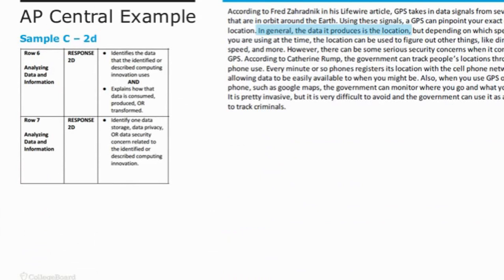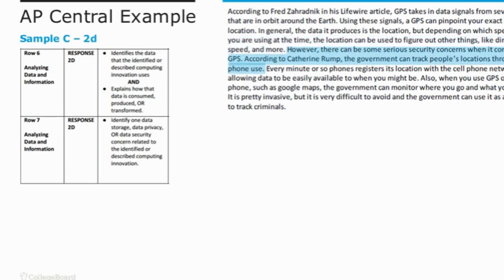So in general, the data produces location, so they have identified the data. Here is where they explain how that data is being transformed. So using the specific device you're using at the time, the location, you can figure things out, like the directions, the speed, more. That's what's happening.